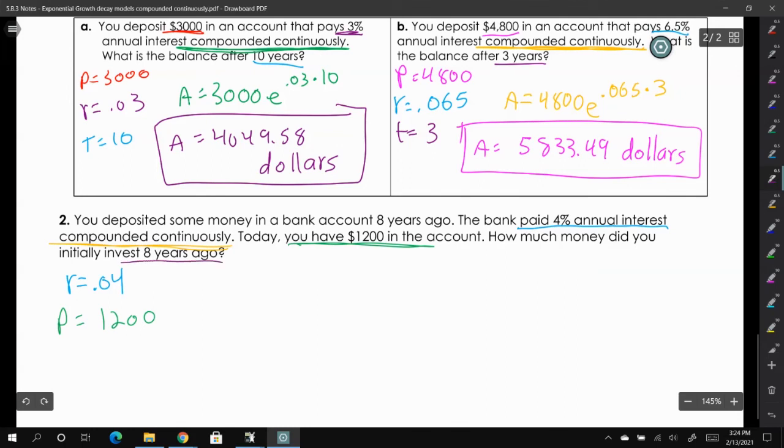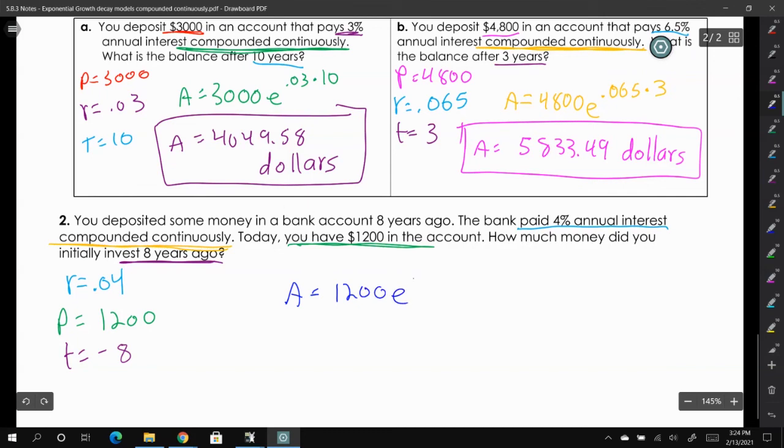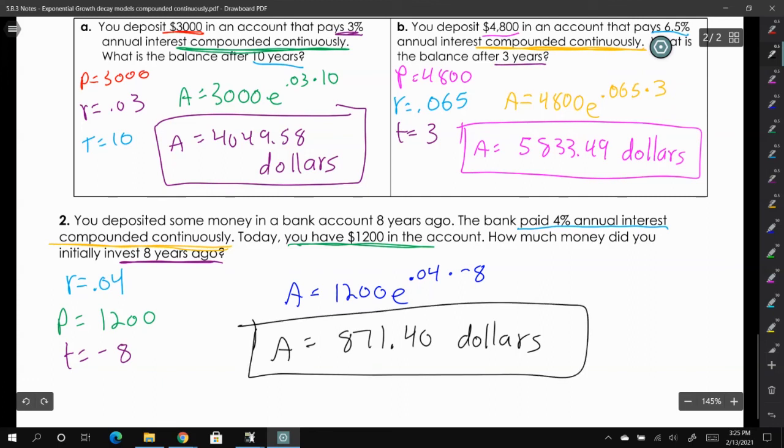How much money did you invest 8 years ago? So that means T is equal to -8. So A is equal to 1,200 times E raised to the 0.04 times -8. Type that into your calculator, and you should get $871.40. So that will be your answer.